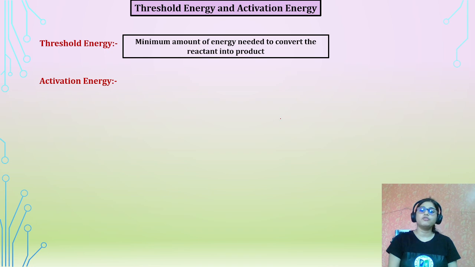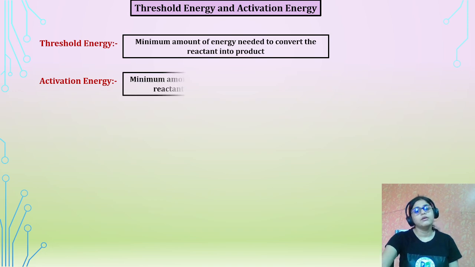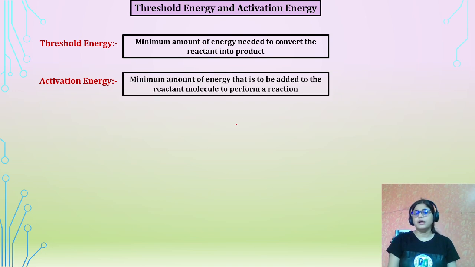Threshold energy is the minimum amount of energy needed to convert the reactant into product. Now what is activation energy? The minimum amount of energy that is to be added to the reactant molecule to perform a reaction.